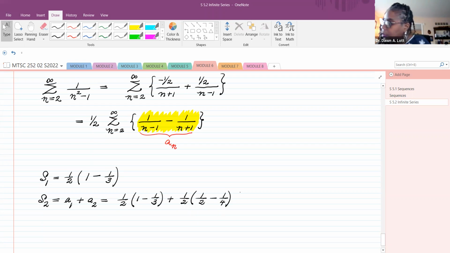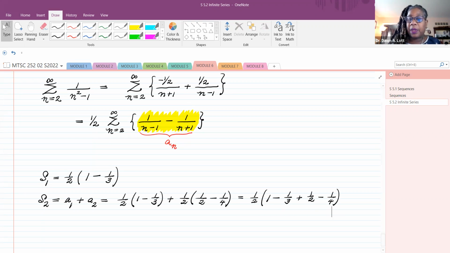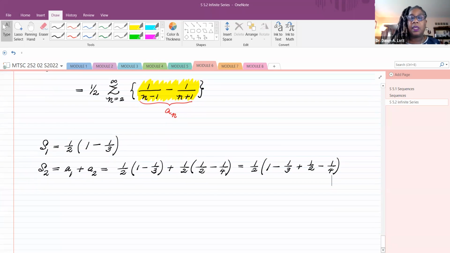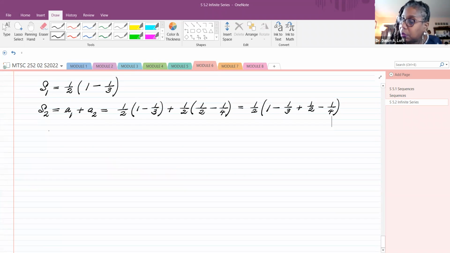Okay, so that is 1/2 times 1 minus 1/3 plus 1/2 minus 1/4. And honest to goodness, it looks like nothing right now. I can't see where I'm going to get anything.